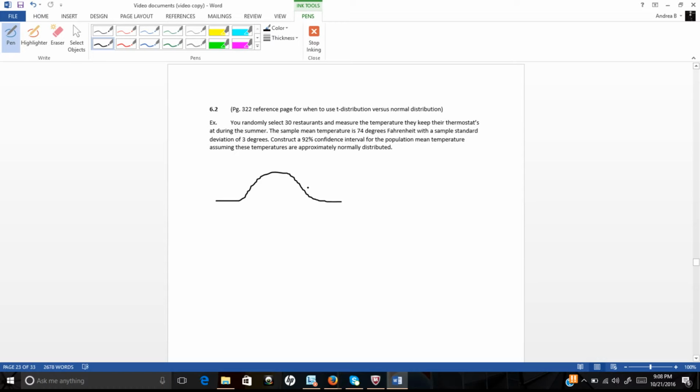If we're dealing with a 92% confidence interval, that means between our two critical values, labeled as the negative z sub c and the positive z sub c, there's 92% of the data, or 0.92.